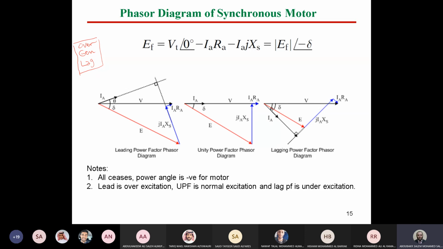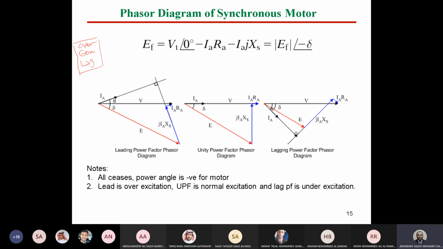Now we just need to represent the equation, to get the observations of over-excitation, under-excitation, and normal excitation. What's the meaning of unity power factor, lagging, leading? This is what we need here from plotting the phasor diagram. In problems, everything will be clear.